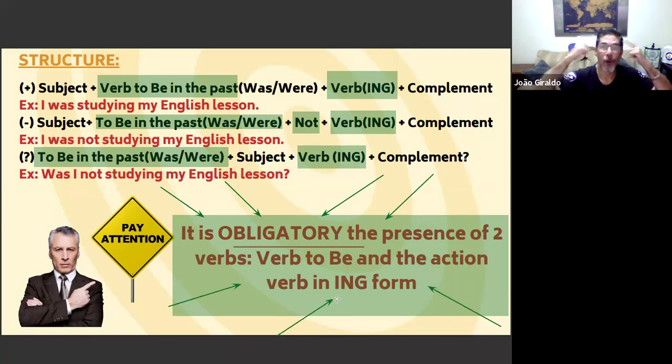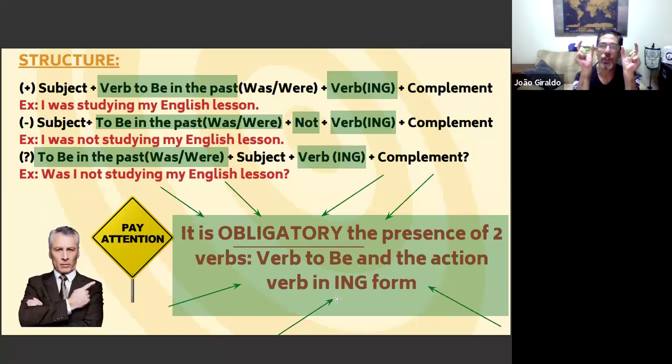Sometimes people forget to use the verb to be. So they use, for example, "I studying my English lesson." This sentence is impossible. This sentence doesn't exist. It is obligatory to have the verb to be in your sentence, and obviously in the past, and the action, studying, dancing, playing, drinking, sleeping, working, in ing form.